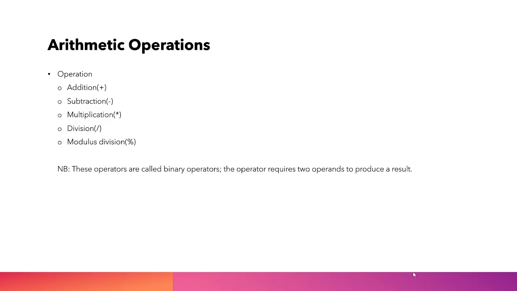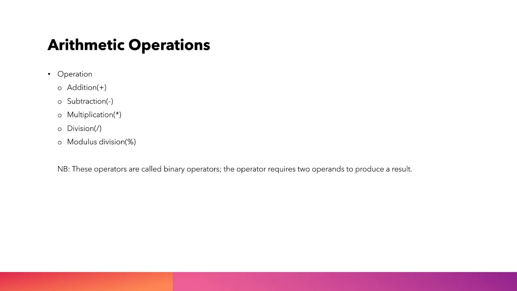There are arithmetic operations. We'll be having addition, subtraction, multiplication, division and modulus, and also I can say unary. It's also an arithmetic operation. You must know that these operators are called binary operators.